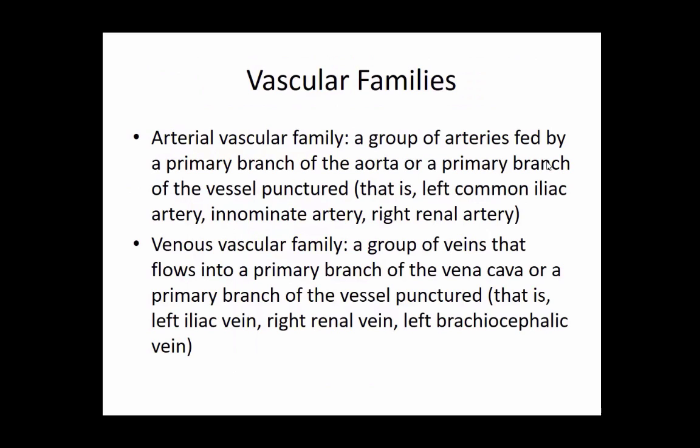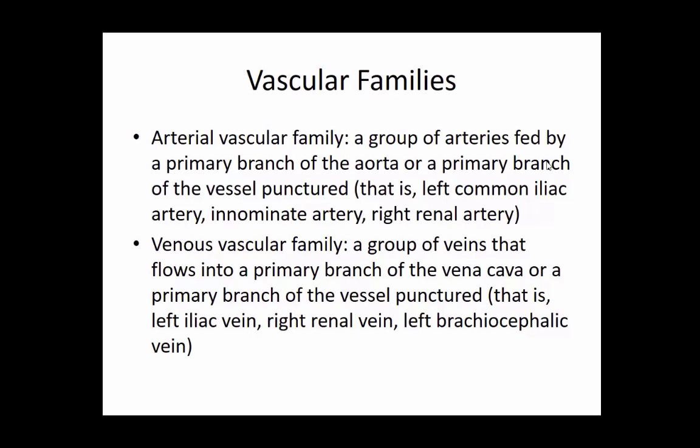Now when we talk about vascular families, I'm just going to review some things here. I'm not going to spend a lot of time coding a vascular family, just so you understand the complexity of it. An arterial vascular family is a group of arteries that's fed by a primary branch of the aorta or a primary branch of the vessel that's punctured. Most of the time, that's going to be the left common iliac artery, the innominate artery, and the right renal artery.